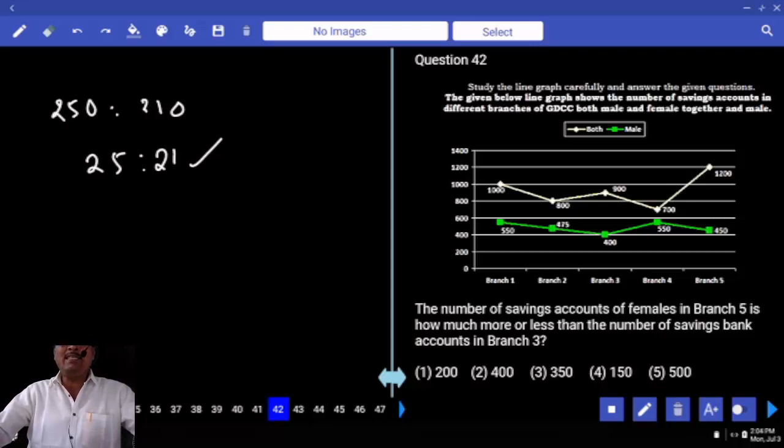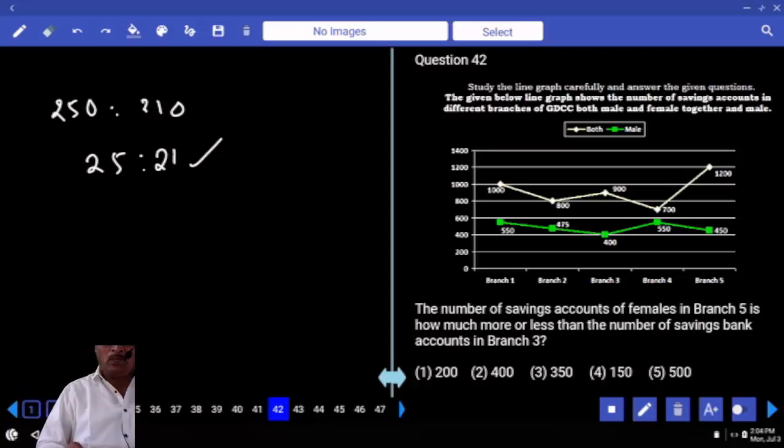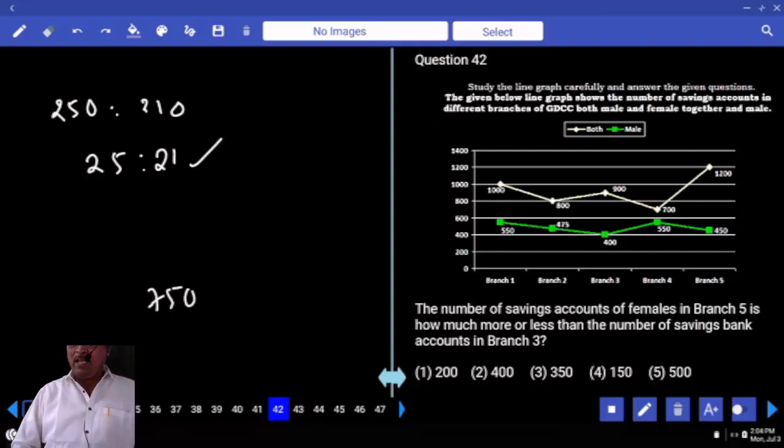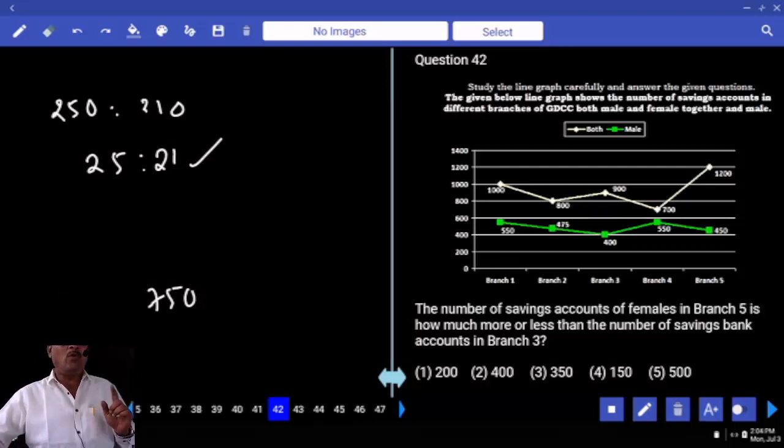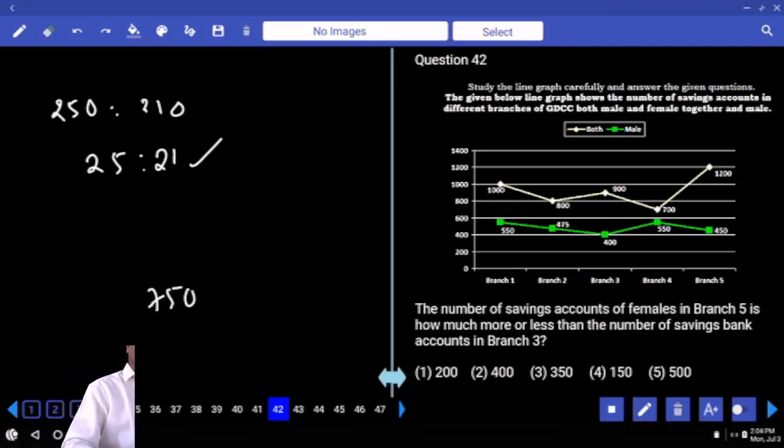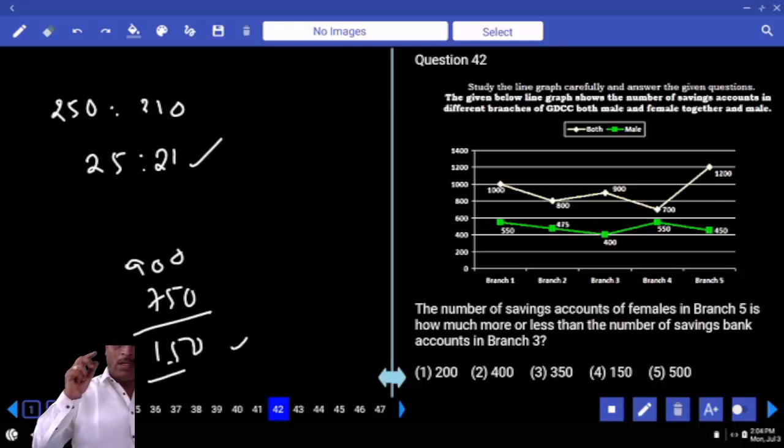The difference is 750. But I was asked to calculate the difference between female accounts in branch 5 and total accounts in branch 3. Am I right? In branch 3, the total accounts are 900. So what is the difference between 900 and 750? 150. Okay.